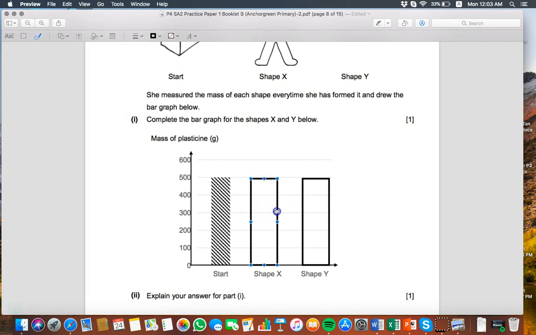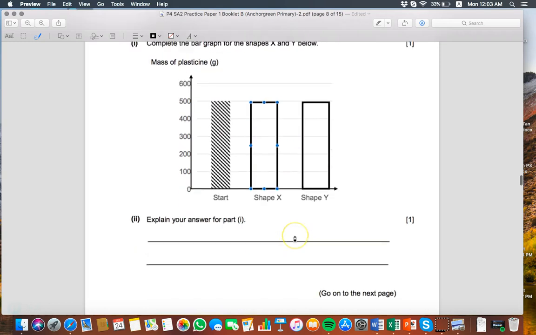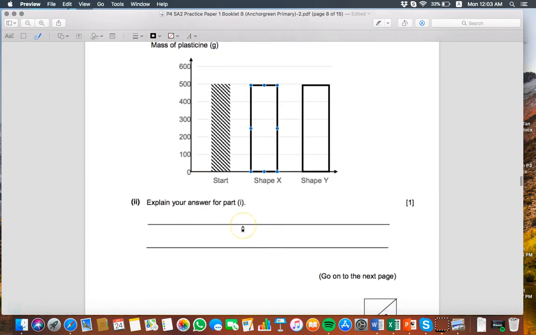Oh no, I don't think I can shade it. So please shade. They should be of the same mass, 500 grams. Please shade your diagram. Why? Explain your answer. So always explain with science concept. Some of you don't like to explain with science concept. Then too bad, I can't give you marks. Don't bother asking me for marks during exam.